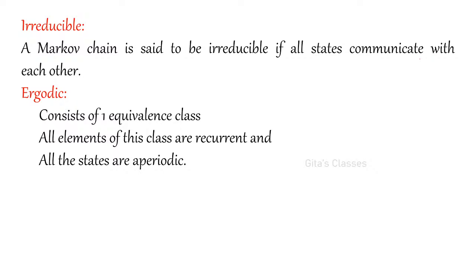Part A and part B will not be there, only one part, and I'll explain all these things in a separate class. Part A usually has 2 marks and 3 marks, but they will not be there. Only one part.